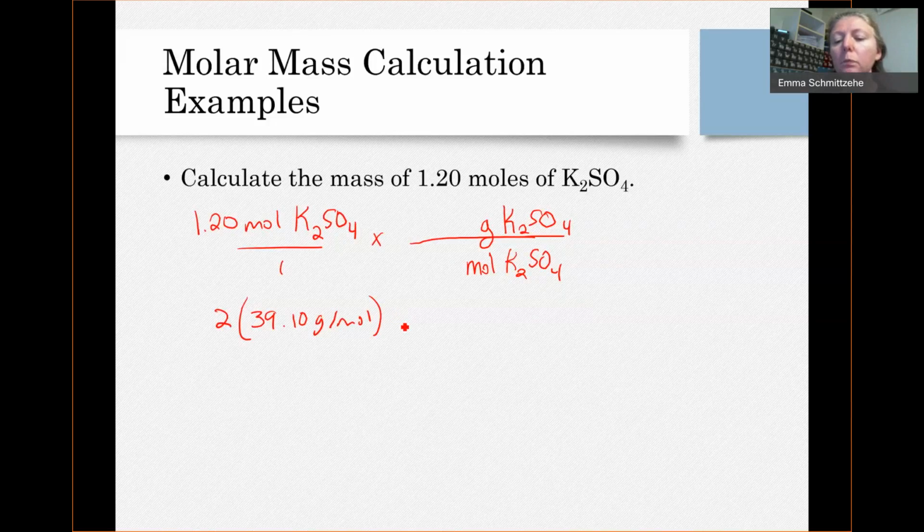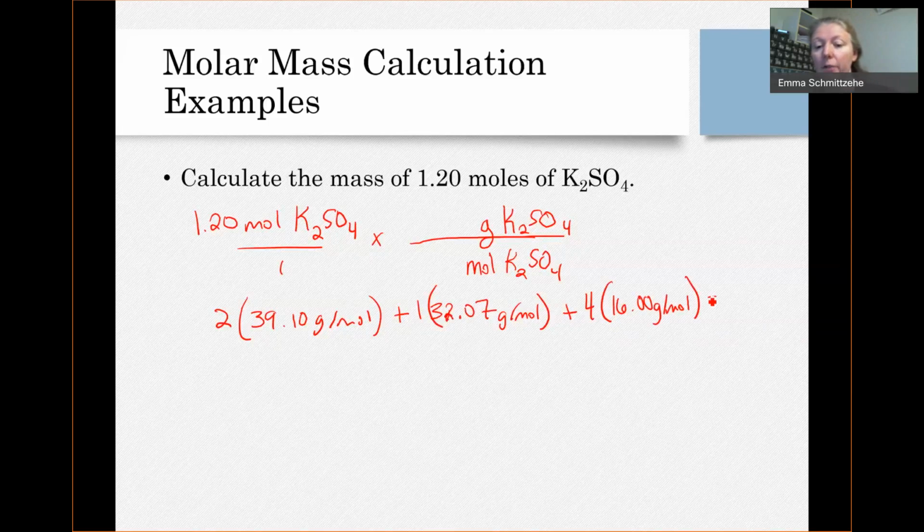Okay, and then I have sulfur, and that's 32.07, and then that's grams per mole, and there's only one of those. Okay, and then I have 4 oxygens, and each individual oxygen is 16.00 grams per mole. And so I need to add that stuff.